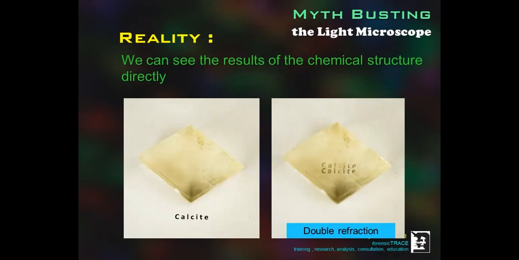The filter permits only the light vibrating parallel to the filter to pass, while blocking the other ray from passing through the filter. So the observer only sees one of the two images by using the filter. In a later webinar, we'll explore more about polarized light and how to use polarized light in the identification of particles. The vibration of the two rays here and how we use this will be covered.